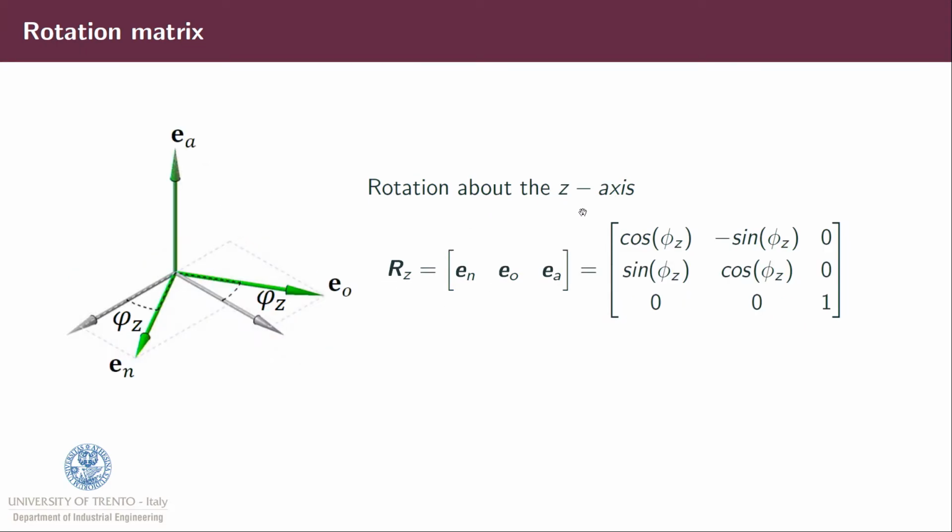And the rotation about the z-axis, which is the matrix Rz: cosine of phi z, minus sine of phi z, 0; sine of phi z, cosine of phi z, 0; 0, 0, 1. And again, the angle phi z is the angle in the figure.